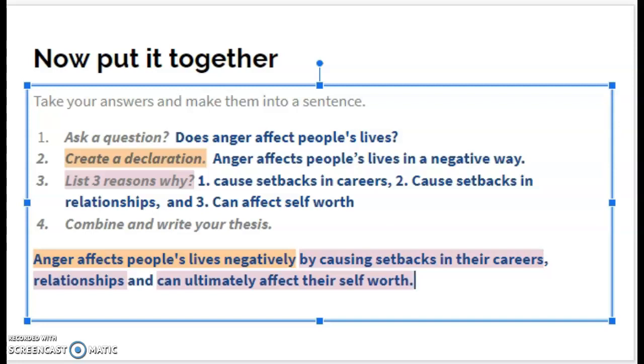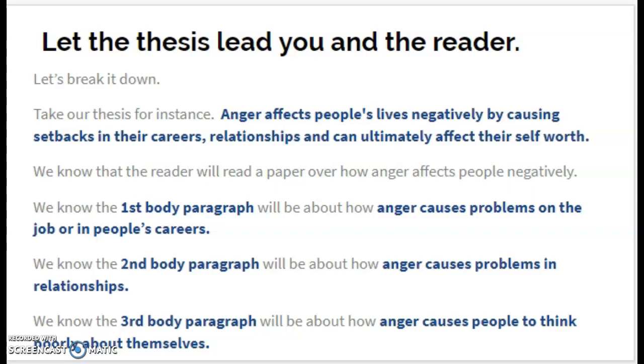So let's move on. We have our thesis. Now let's break it down because it's important. It's going to help you with your writing and take you where you need to go, and also help the reader see where they're going to go. So we're going to break it down. Take our thesis statement. Anger affects people's lives negatively by causing setbacks in their careers, relationships, and can ultimately affect their self-worth.